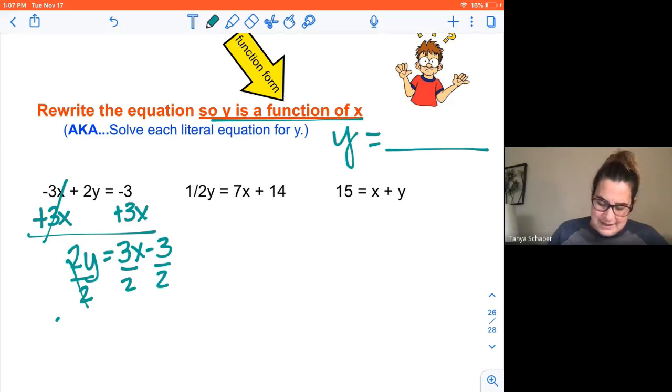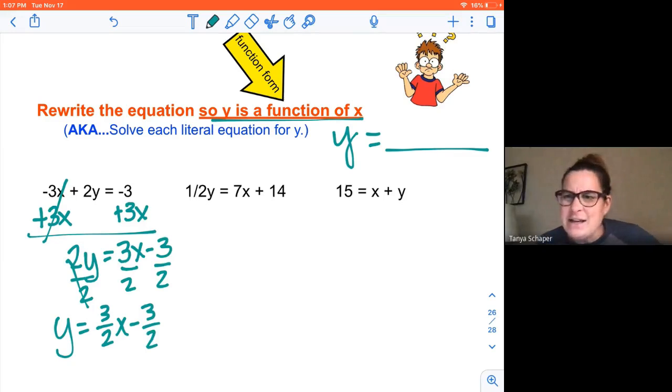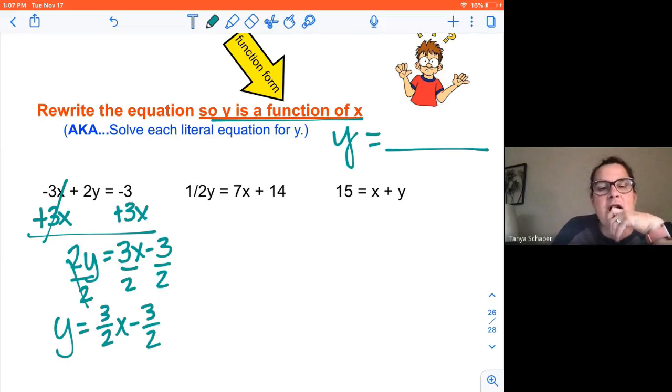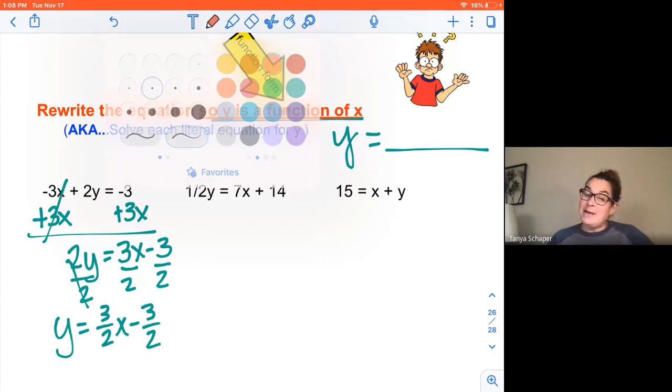I know it seems a little clumsy when we're having that x in the equation, but really it's getting us set up for when we're solving equations and graphing linear equations in the next few units. So we do have a method for the madness. Looking at this second one, we want to get y by itself. It's 1/2 times y.